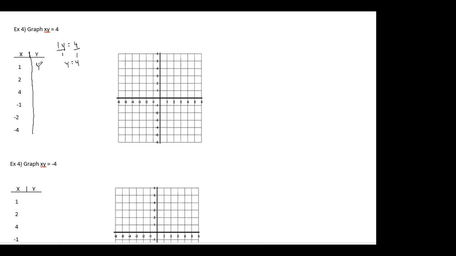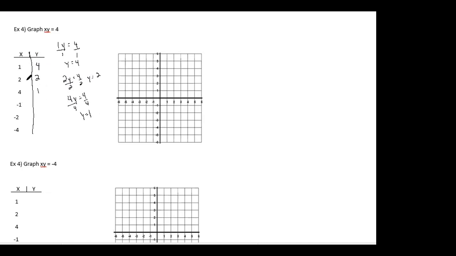So y has to be 4 if x is just 1. So if x is 2, I have 2y equals 4. I divide both sides by 2, and I get that y is equal to 2. If x is 4, then I have 4y equals 4. I divide by 4, so y has to be 1.